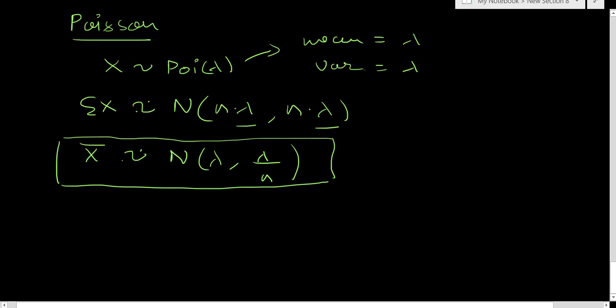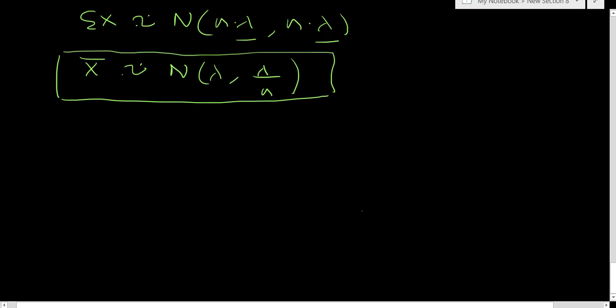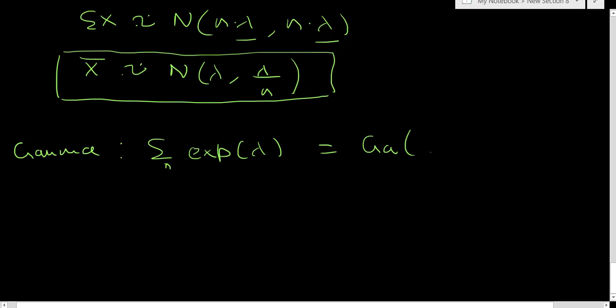How did I find this? I just divided these two things, this by n and this by obviously n squared, as I had proved earlier. So that is how it works. If I talk about a gamma distribution, we know gamma distribution is nothing but the sum of exponential lambda distributions. If I've got n of these, they will add up to a gamma n comma lambda distribution.